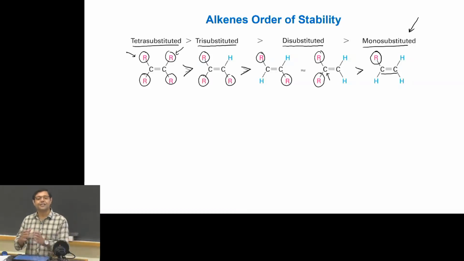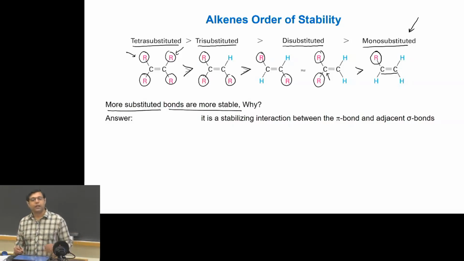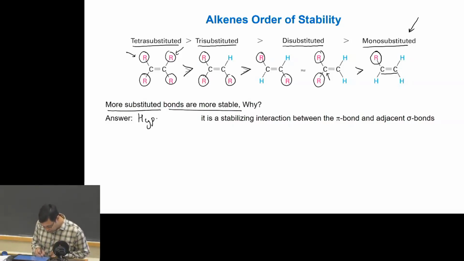Mono-substituted is the least stable. So as the substitution, the number of R groups on the double bond increases, the stability increases, right? So let's now see why more substituted double bonds are more stable. The answer to this question is hyperconjugation.